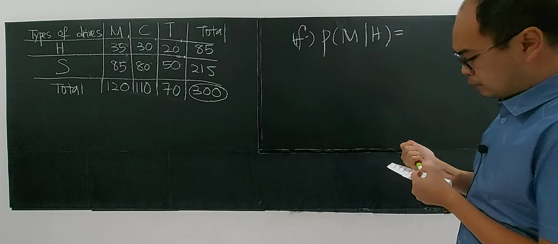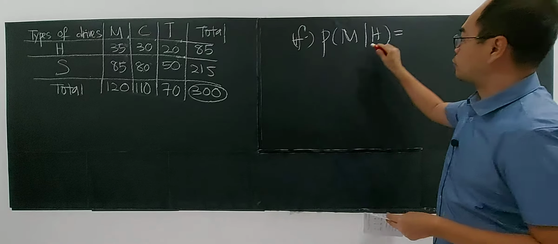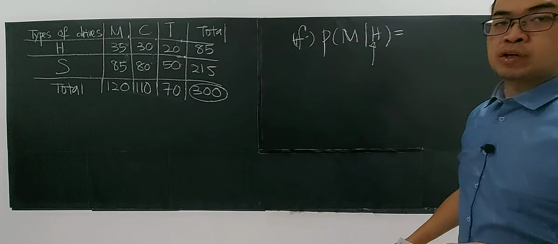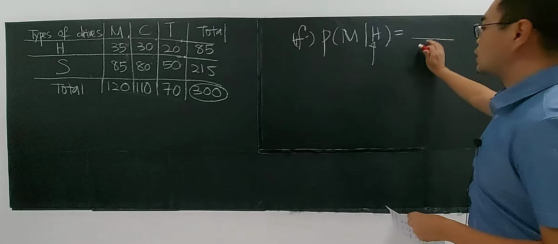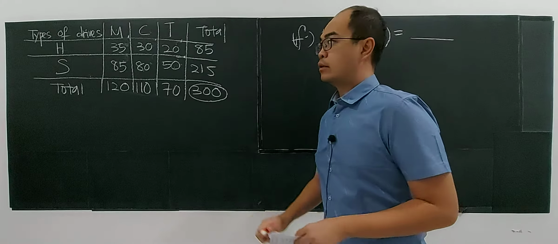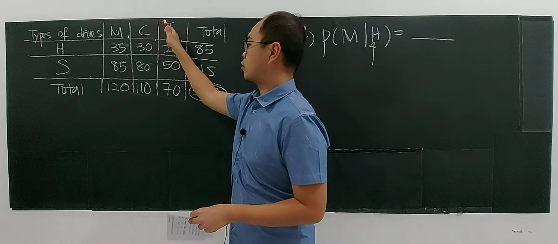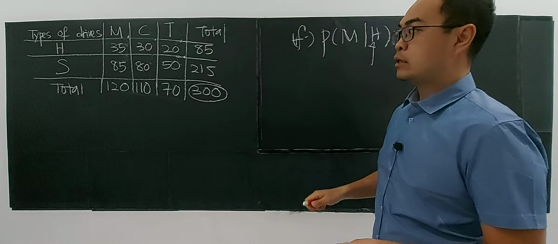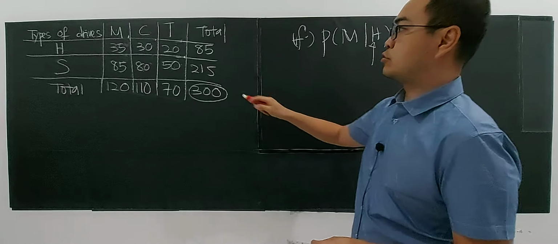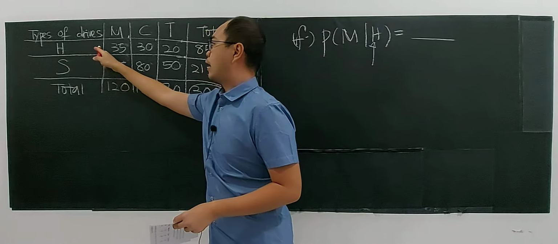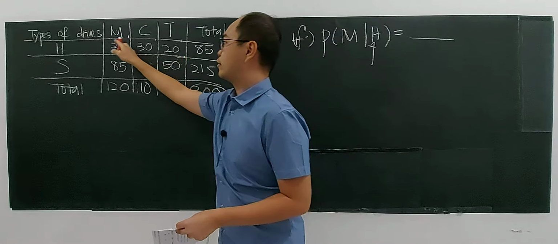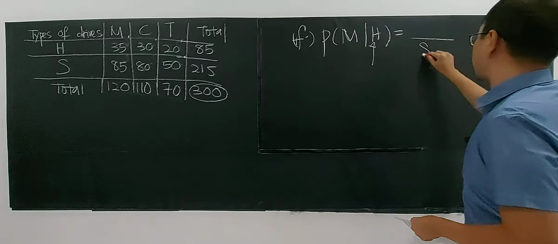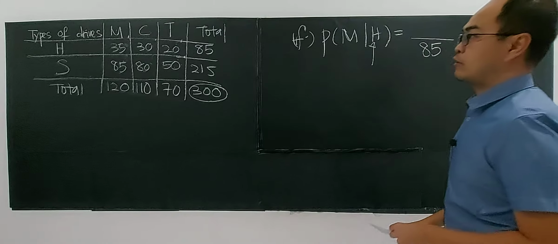When you answer a probability question involving a table of outcome, you look at what is given. Given means that the total should not be 300. Just now given was either China or Thailand, so you totaled those. If given that it is a hard disk drive, the total has to be the total of the hard disk drive, which is 85, so divided by 85.